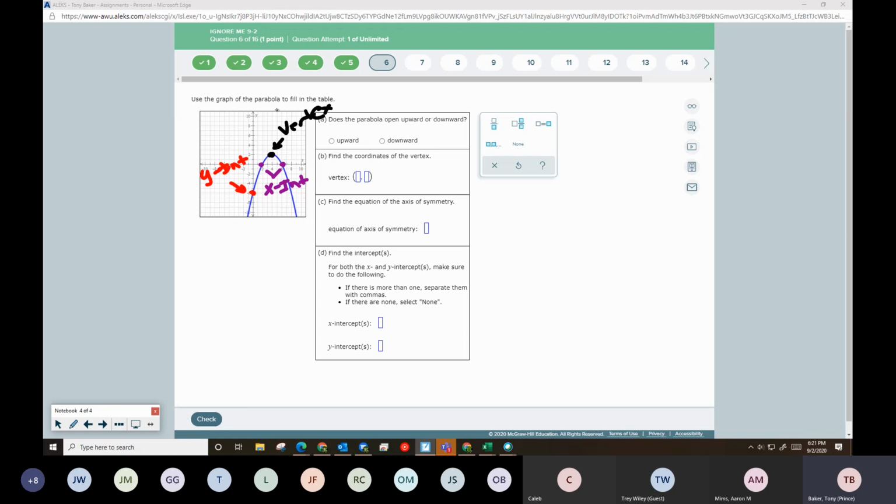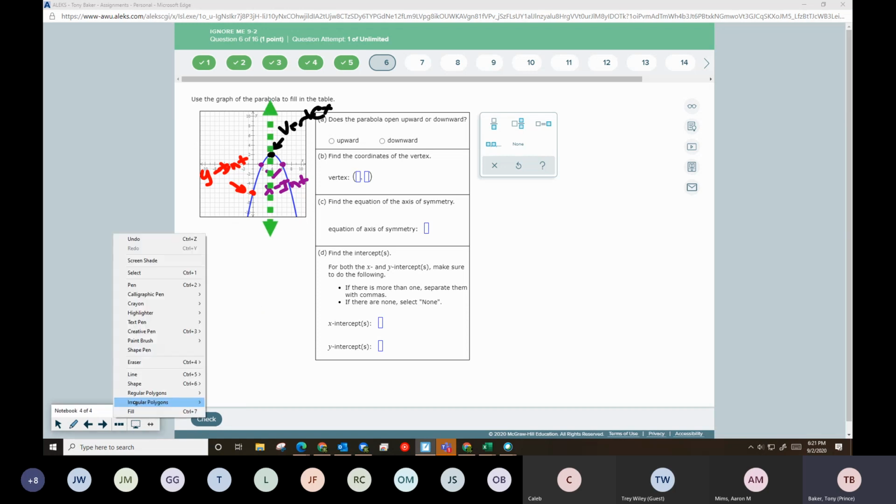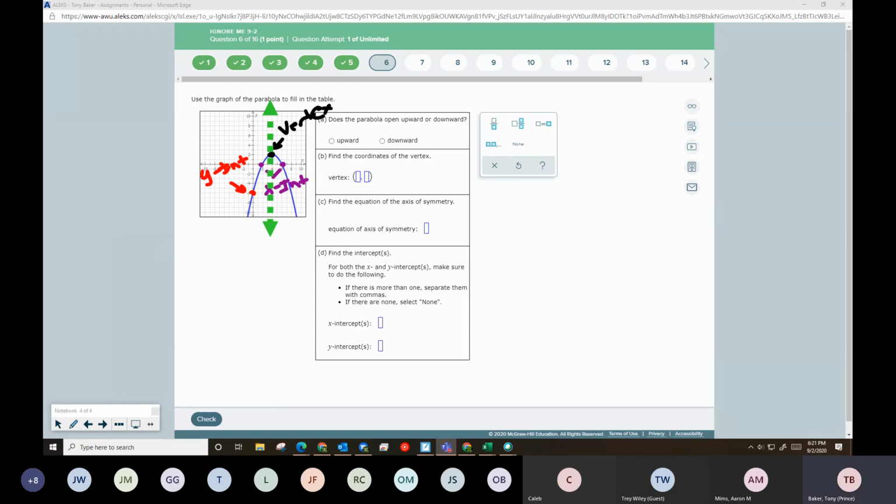So our axis of symmetry goes directly through the vertex. So that's my axis of symmetry. So those are the key pieces of information in a parabola.